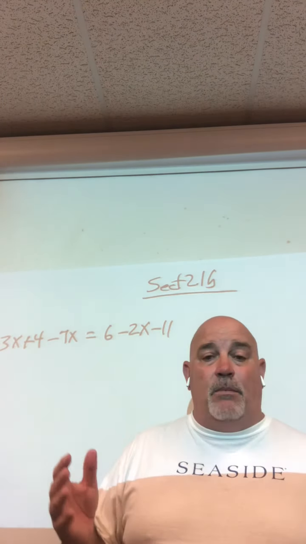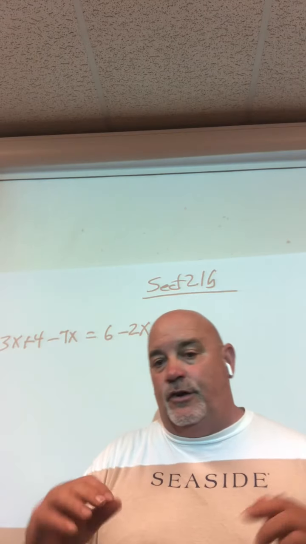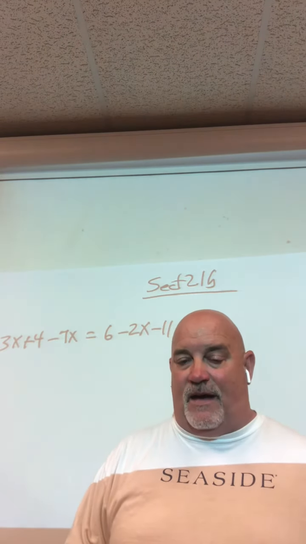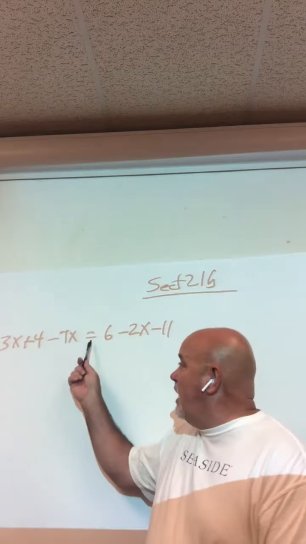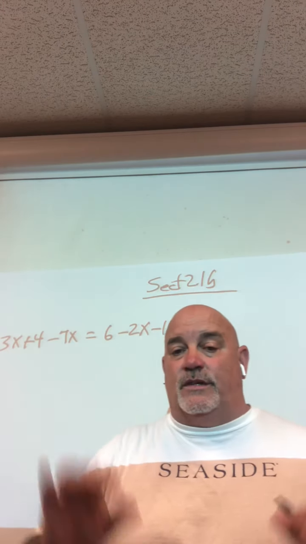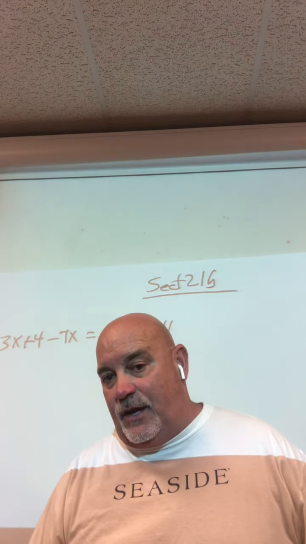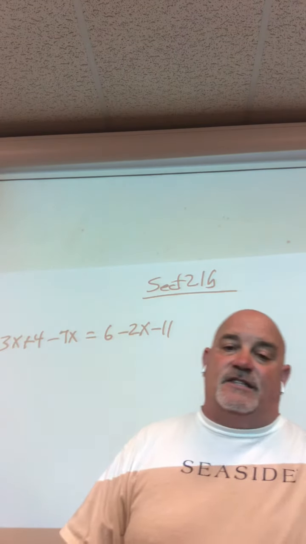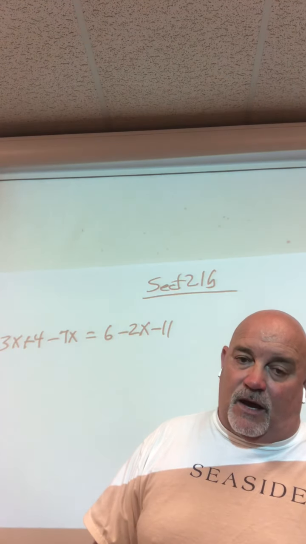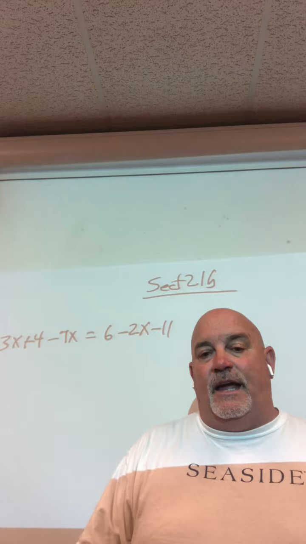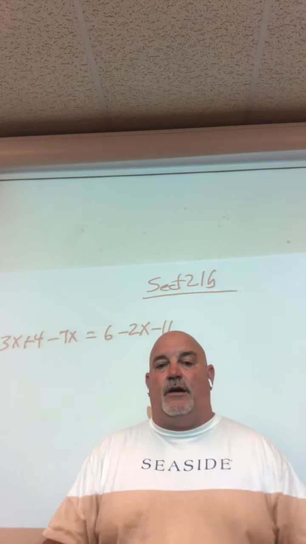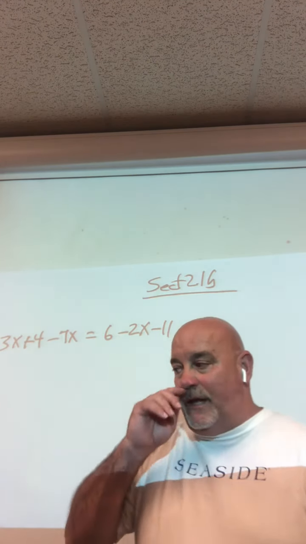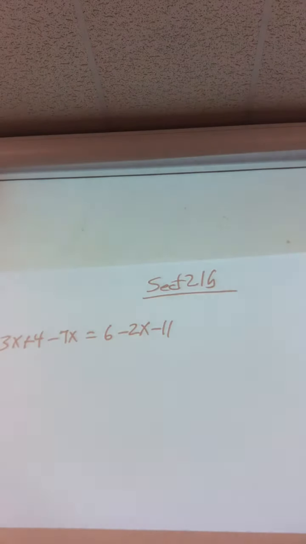Because in the other problems, there was nothing you could do on either side to simplify it. So whenever you're solving an equation, we want to simplify the left side of the equation as much as possible and simplify the right side as much as possible. That typically will end up taking us down to our two-step problem that we can finish from there. So let me show you what I mean by this.